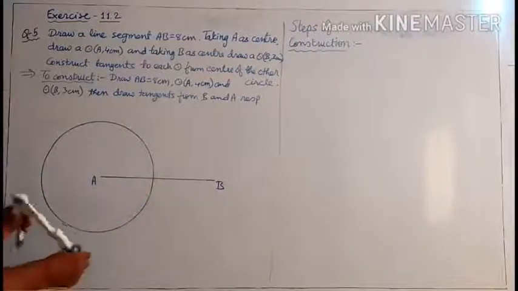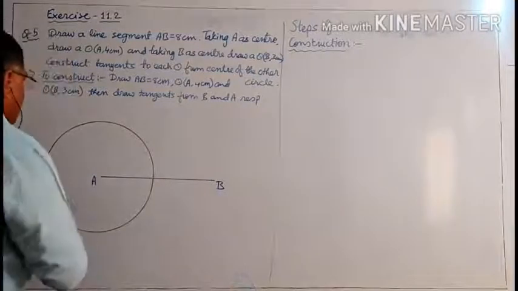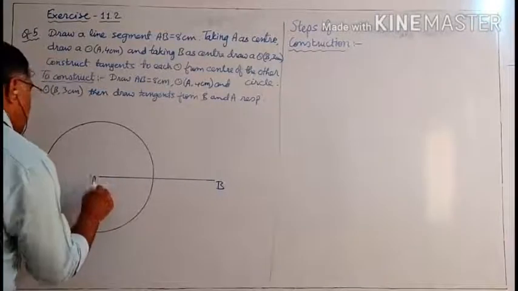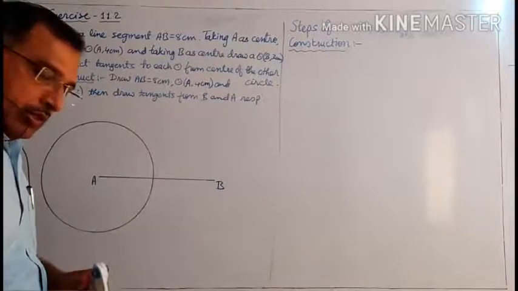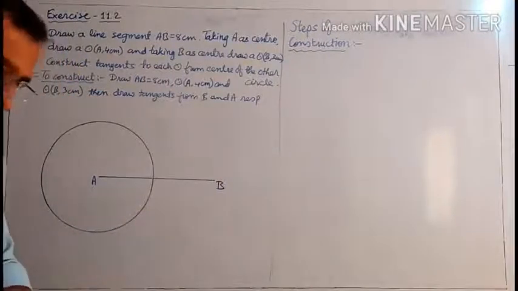Then we have to draw the circle with center B and the radius 3 centimeter.